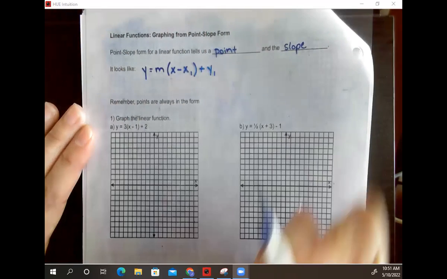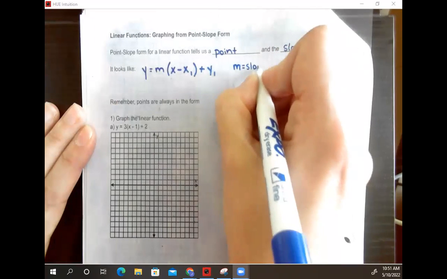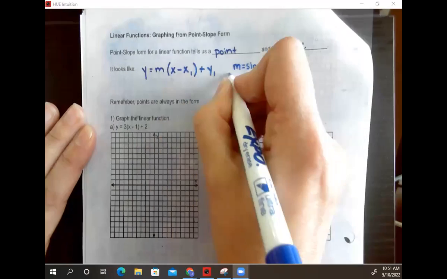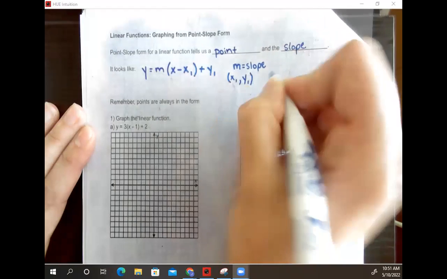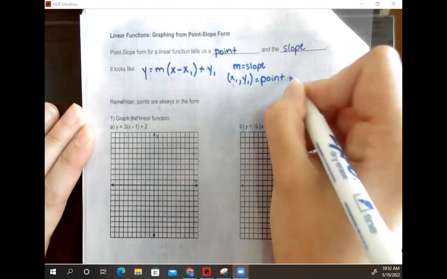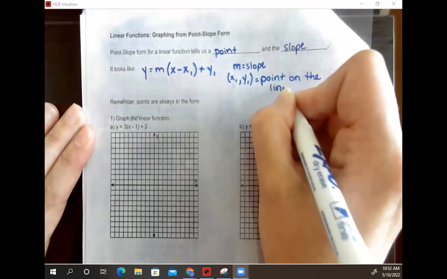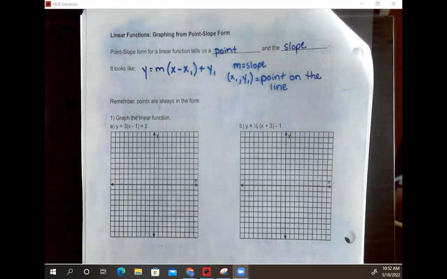Just like with our slope intercept form, m represents our slope. And then this x1, y1 here, those are the individual pieces of a point on the line. And those are pieces from a point on the line.